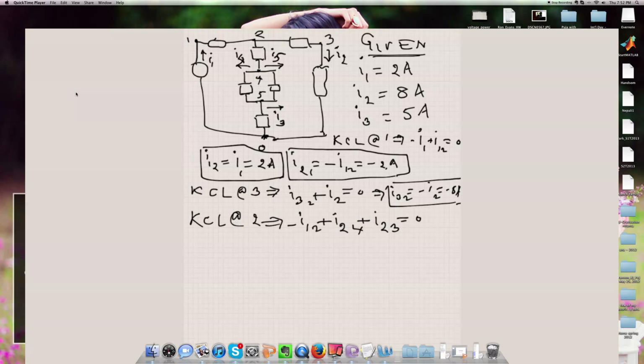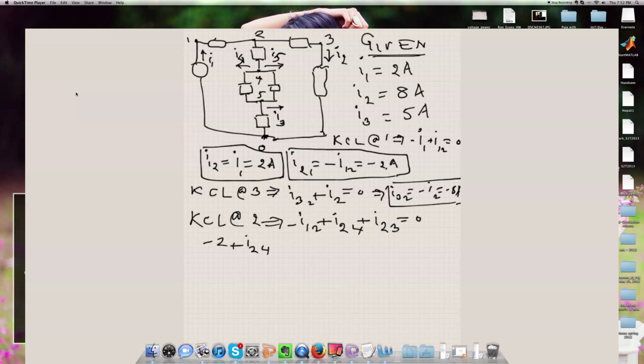Now, since we know I12, which is 2 amp, we can do minus 2 amp with that, plus I24, that's what we wanted to find, plus I24. And what else? Plus I23. Now I23 is also determined because we know I32.